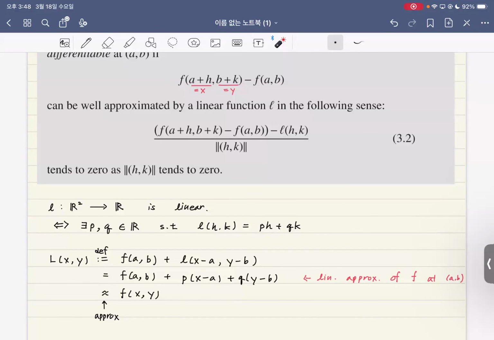The main reason is, if you can find such a nice linear function that tends everything to 0 as (h, k) tends to 0, then we can have a nice approximation of this possibly nonlinear function by some constant plus linear. And as always, computation of a linear function is way easier than computation of a nonlinear function.